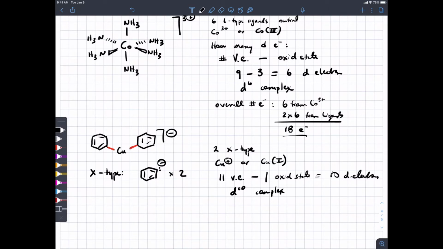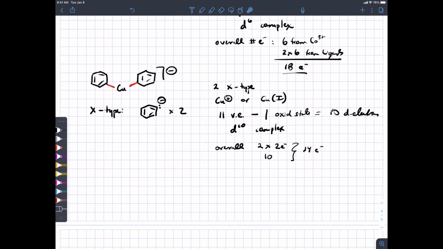And then overall number of electrons, let's add the 2 times 2 electrons for the 2 X-type ligands, and then the 10 d electrons. Overall, 14 electrons. So we got 14 electrons, so you might not be surprised there's space for more. You might not be surprised if copper could accommodate 1 or 2 more L-type ligands. And I don't know the extent to which that happens.